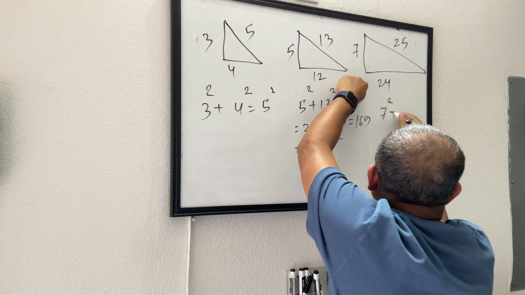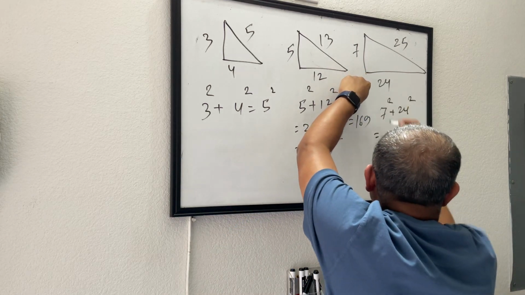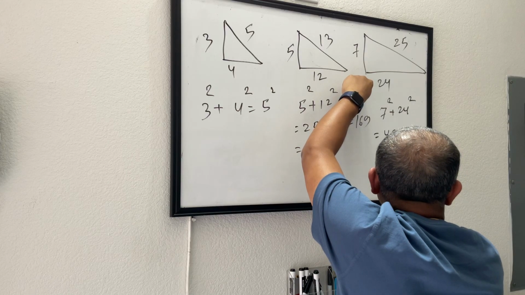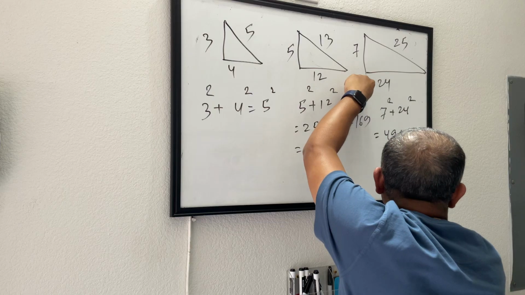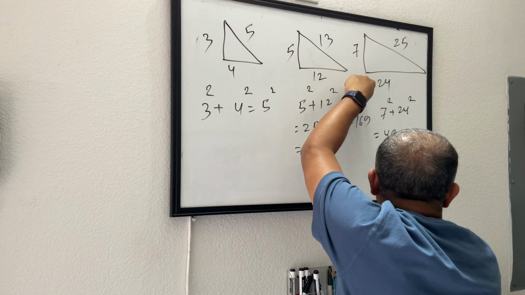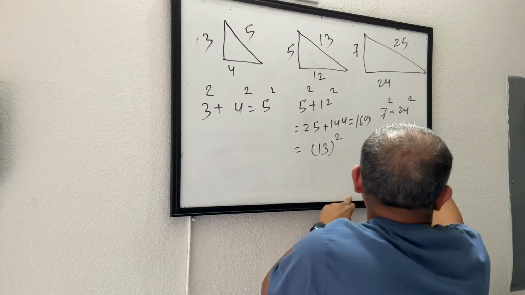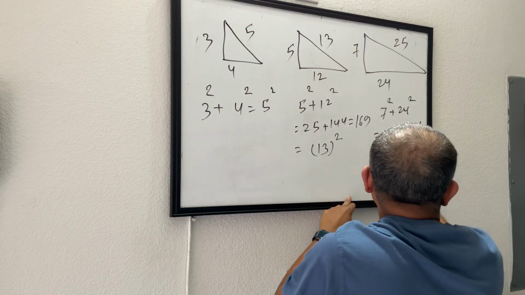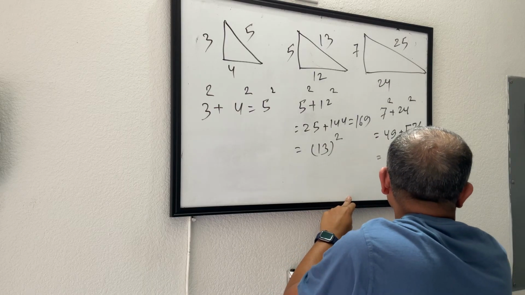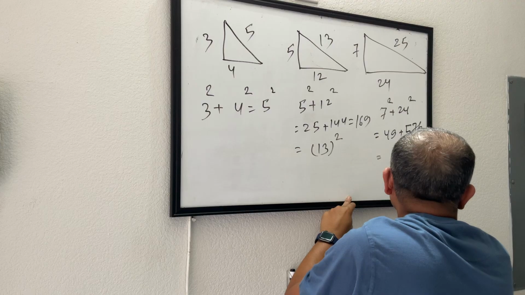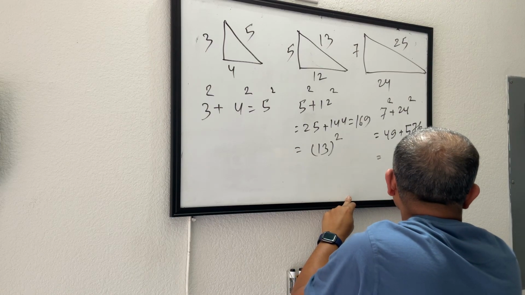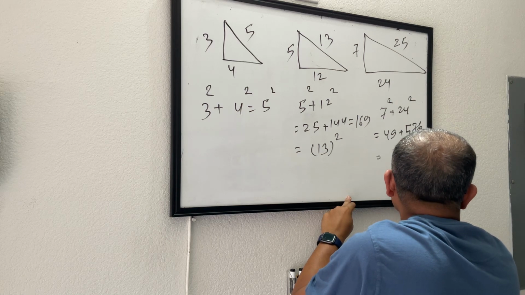So 7 square plus 24 square. 7 square is 49, 24 square will be 24 times 24. 24 times 4 is 96, 24 times 2 is 48 plus 9, 57. So 576. Let me first check if I did it right. 24 times 4 is 96, 9 carries, 24 times 2 is 48 plus 9, which is 576.